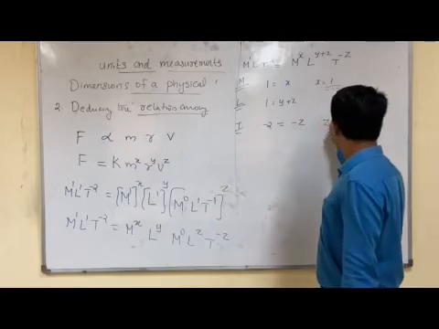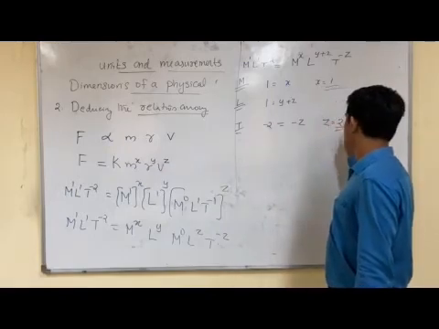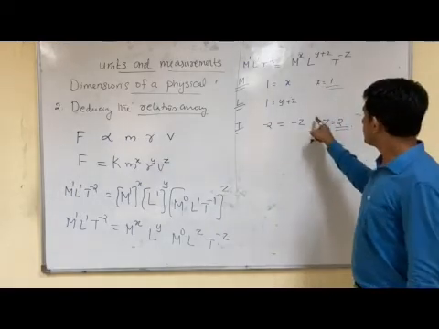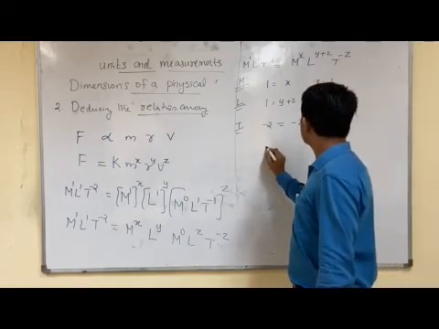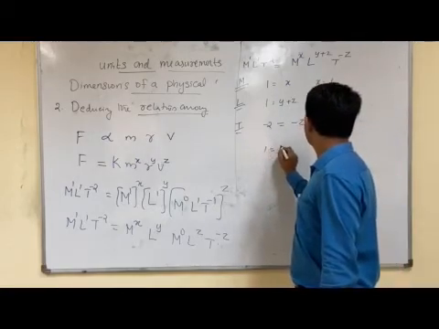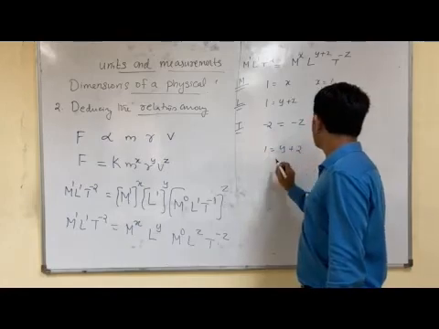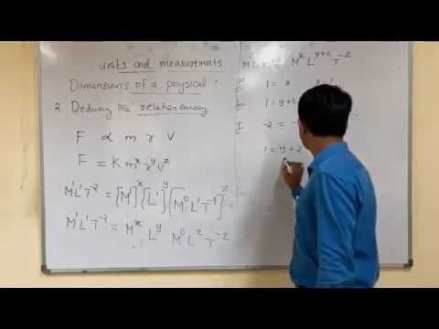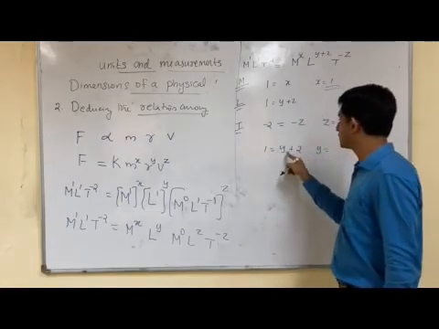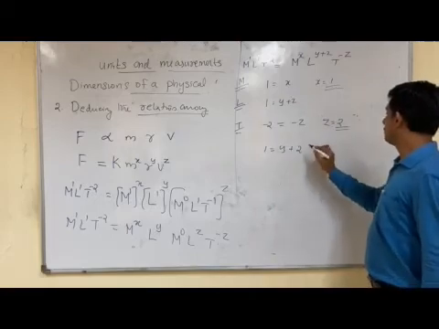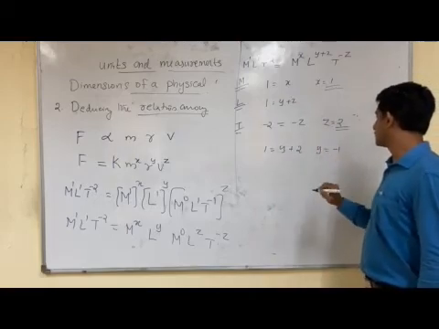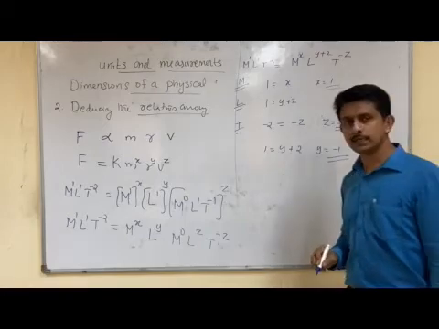That means z is equal to 2. Then 1 is equal to y plus 2, so y is equal to 1 minus 2, that means minus 1. So y is minus 1.